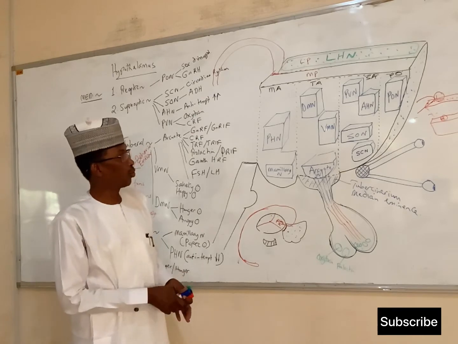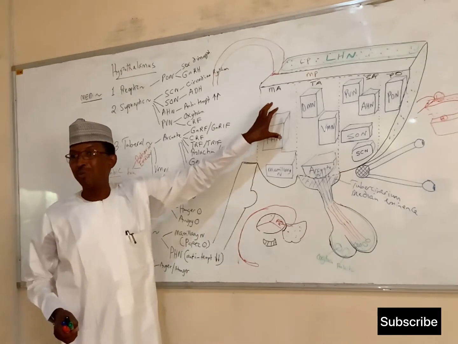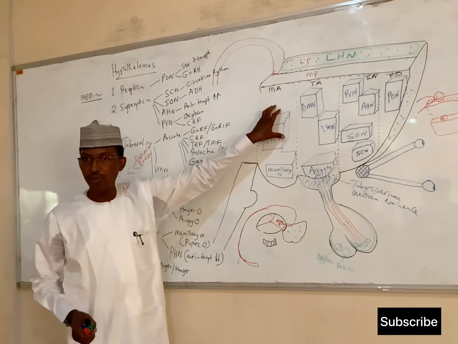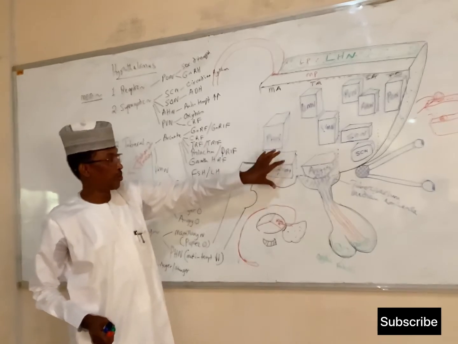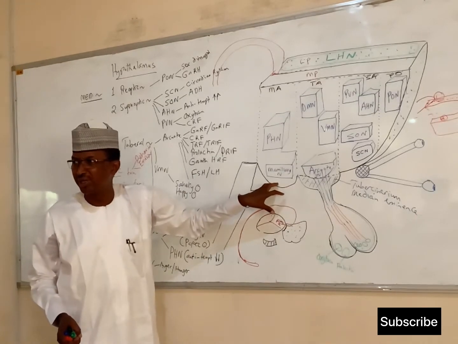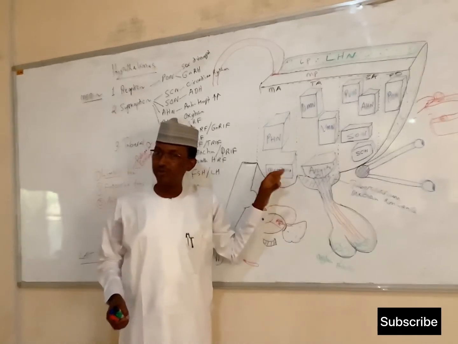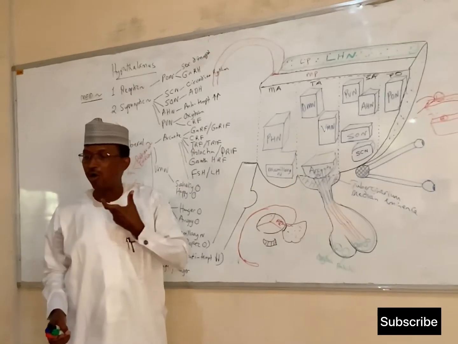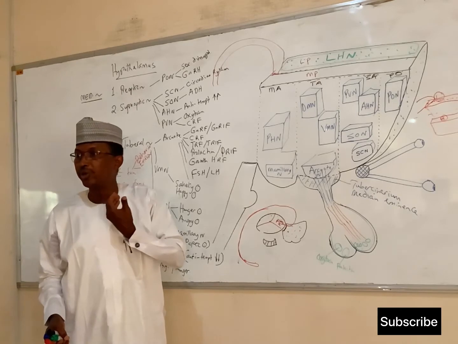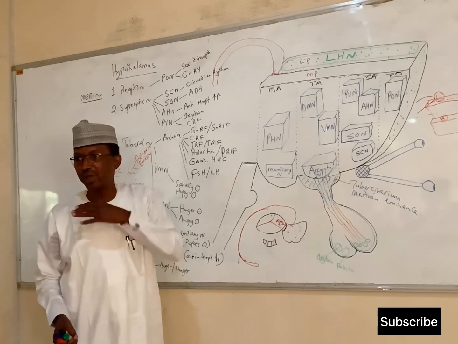The last group is what we call the mammillary group of nuclei. This mammillary group of nuclei has to do with the mammillary body. If you can remember, I made mention in the previous lecture that we have a pair of mammillary bodies, one on either side of the cerebral hemisphere at the base.